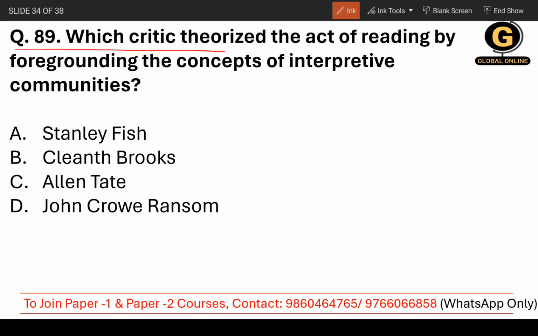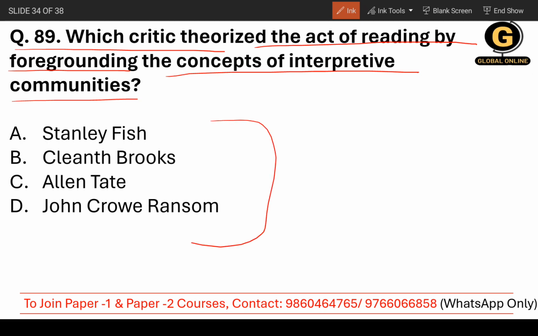Moving on to question number 89. Which critic theorized the act of reading by foregrounding the concepts of interpretive communities? The options are Stanley Fish, Cleanth Brooks, Allen Tate, and John Crowe Ransom.